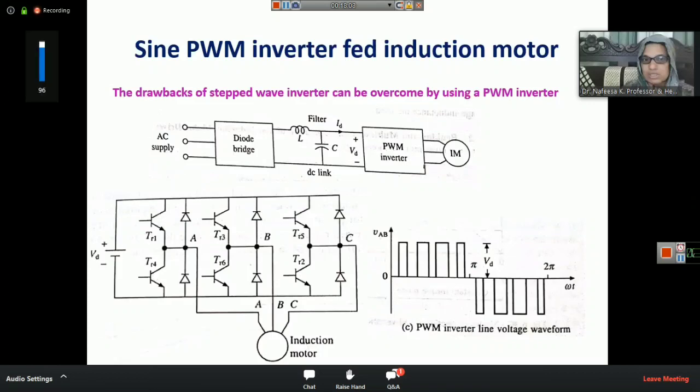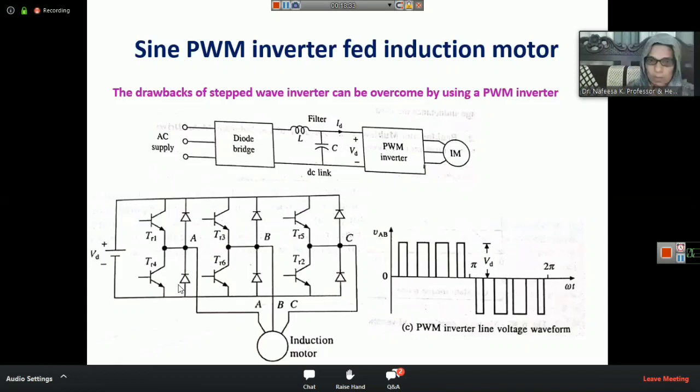As one question asked about the maximum frequency limit, this can be determined by this, so according to the application you can select the switches. This diagram shows transistor switches, which can be IGBT, MOSFET, etc.